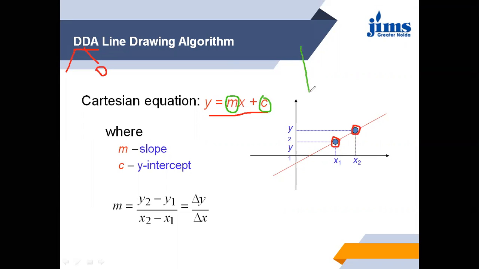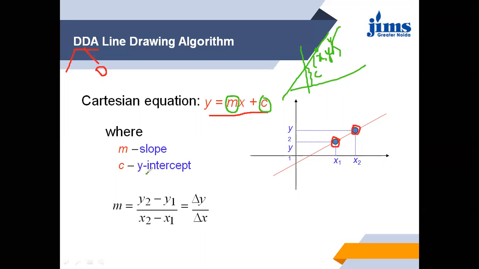Suppose this is a coordinate system and this is a line y = mx + c, then x and y are any two points that lie on this line, and c is this intercept, meaning the intercept on the y axis.